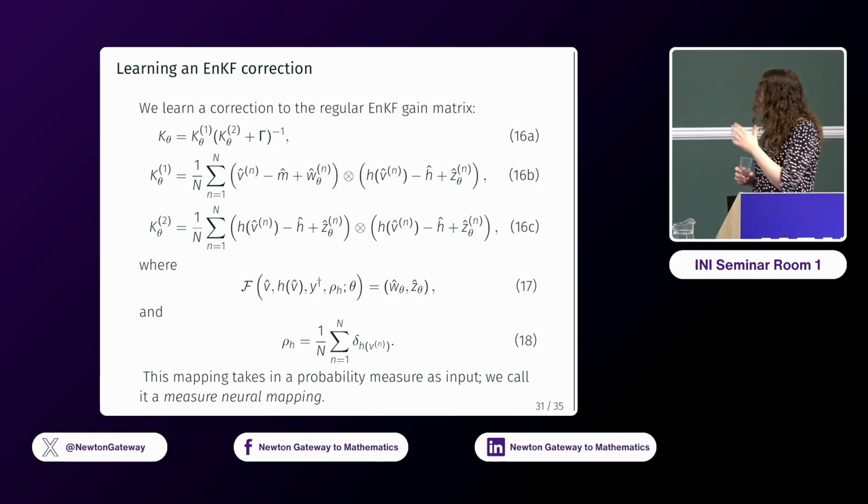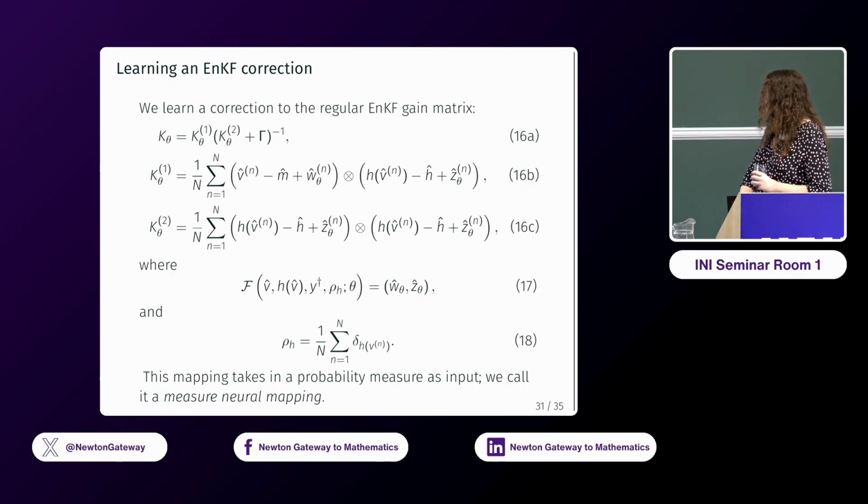So we're really learning a mapping that's taking a probability measure as input, and outputting a correction to an existing method, and we call this a measure neural mapping.